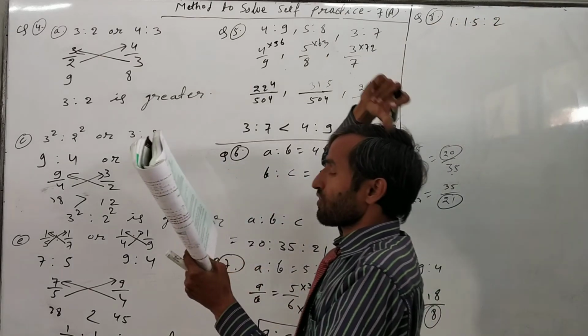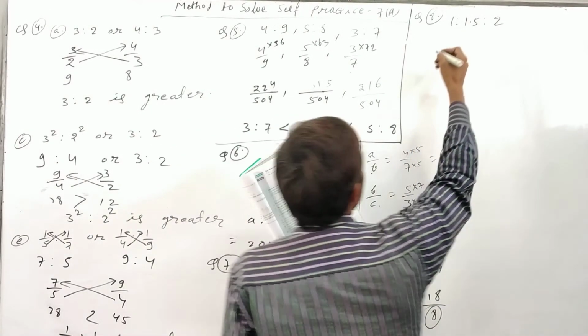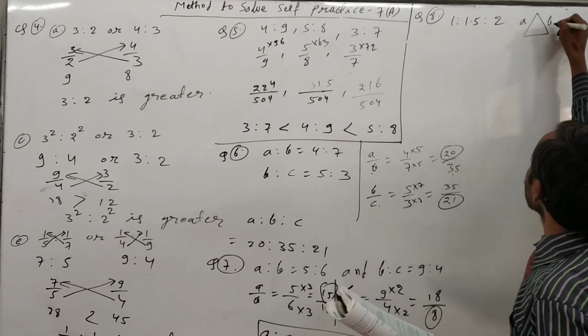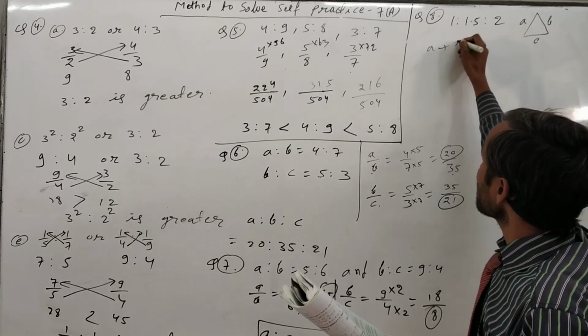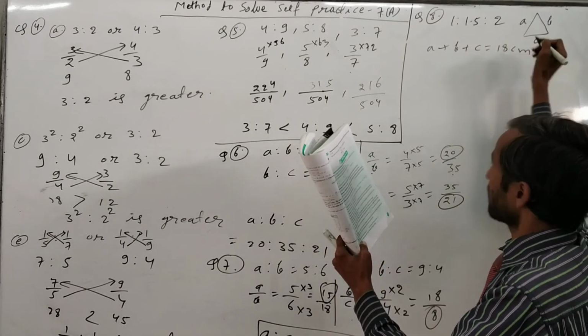These are the ratio of the sides. Suppose the triangle has sides A, B, C. So A plus B plus C is equal to the perimeter, 18 cm, which is given.